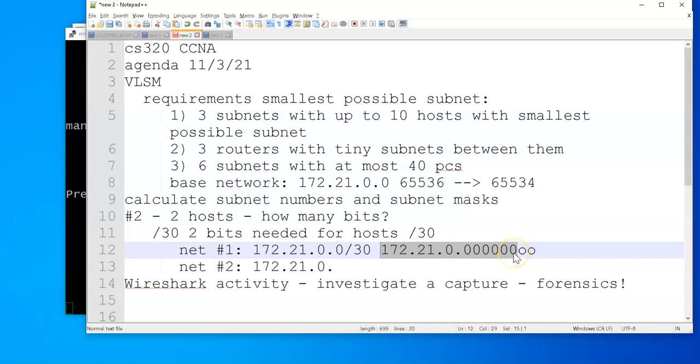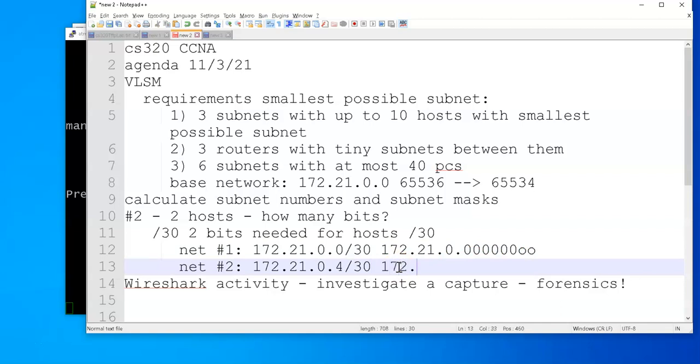A 4, you're correct. So 4 slash, how many subnet bits? Yeah, it's still 30. If I tried a bigger number, that would turn that 1 that I just set, it would be a different subnet.